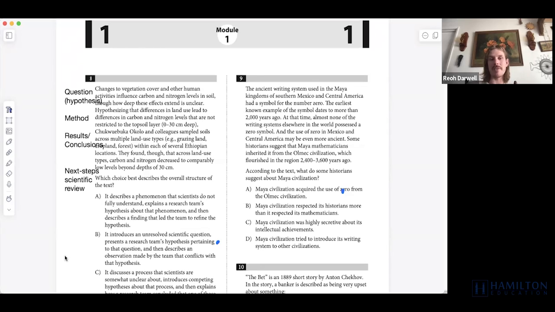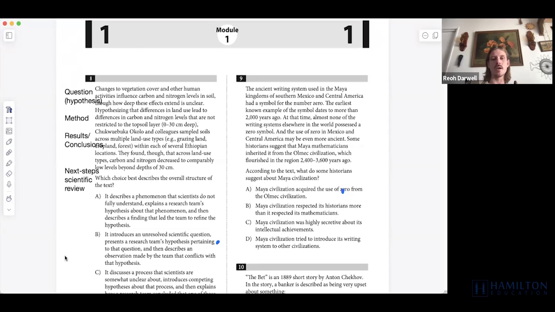So now we have their method. They sampled soils across multiple land use types within several different locations. However, they found that across all of these different land use types, low levels of nitrogen and carbon were found deeper than 30 centimeters. So it seems their hypothesis, that even beyond the topsoil humans cause differences in carbon and nitrogen, was seemingly proven false, at least in this context.